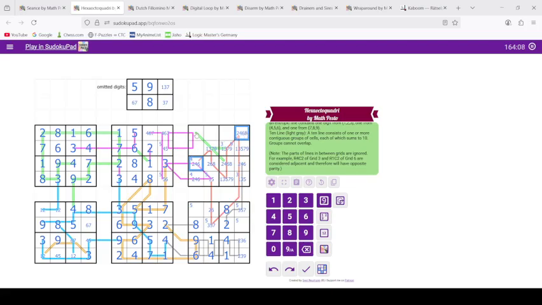Oh, also, this cannot be an 8-7-6-5. It would have to be an 8-7-6-5. Yeah, okay, we knew that before.